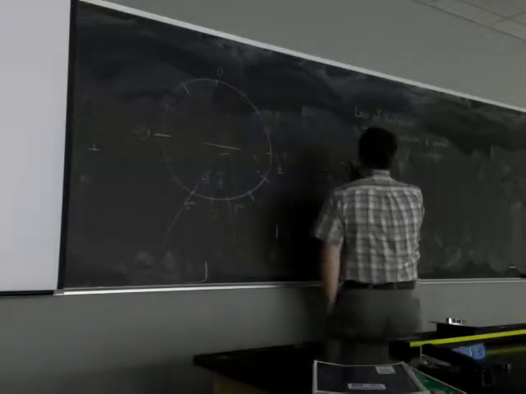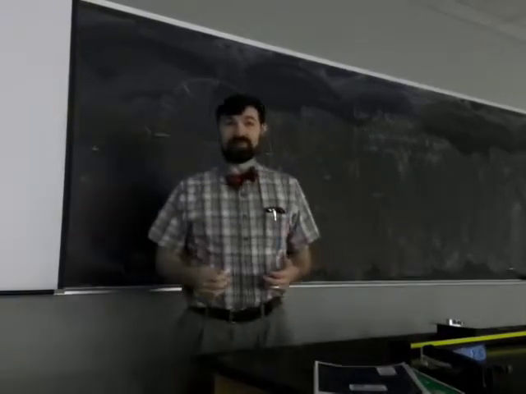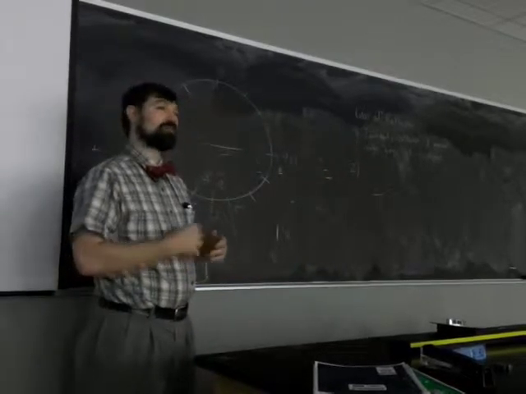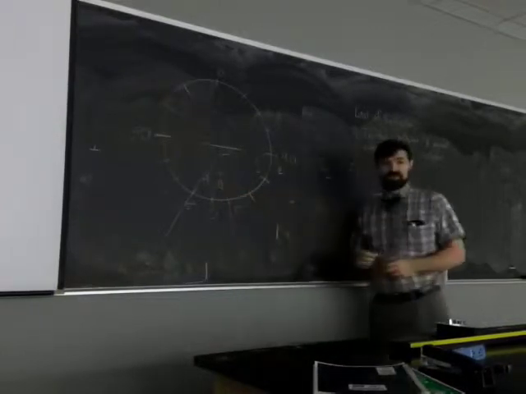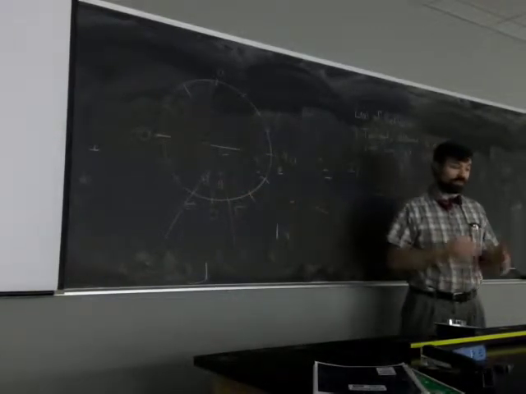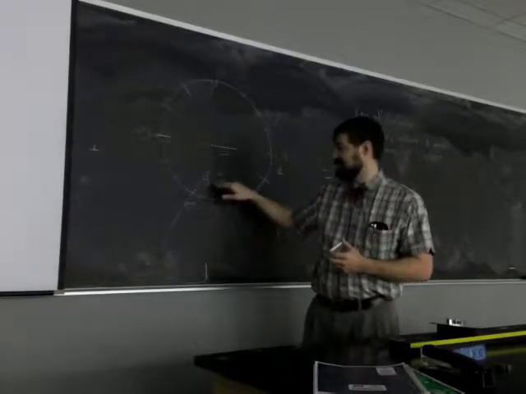All right. The second part of the law of reflection, the part that most people remember and usually make use of, is that the angle of incidence and the angle of reflection are equal to each other, where we've defined those angles as the angle between the ray and the normal line.